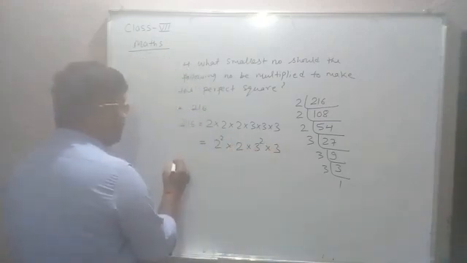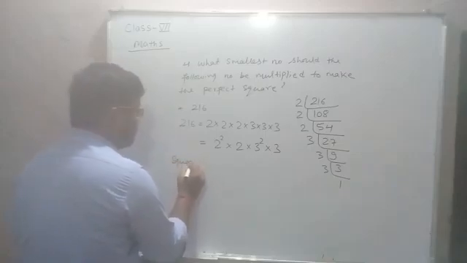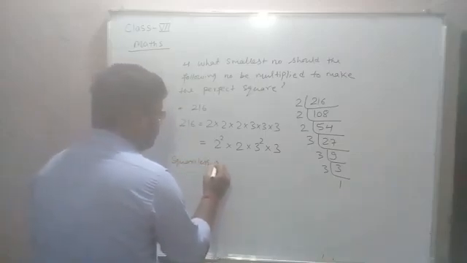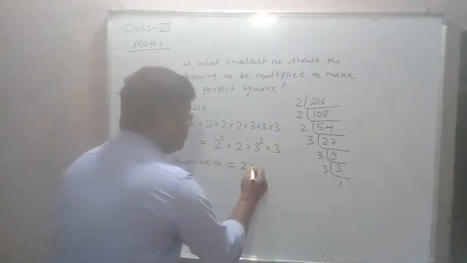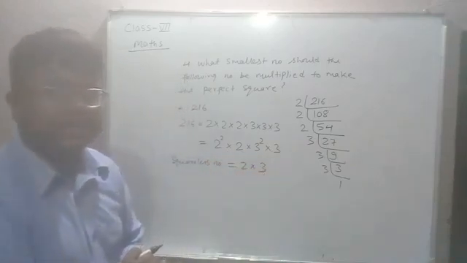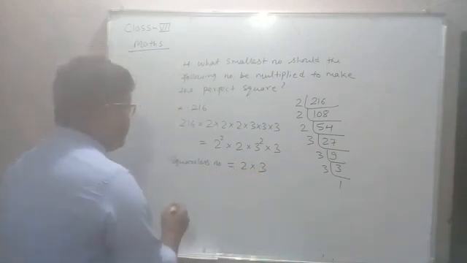So the squareless numbers: if we see how many are squareless, this 2 and this 3, that is 2 into 3. These two are squareless here. So what should be multiplied?